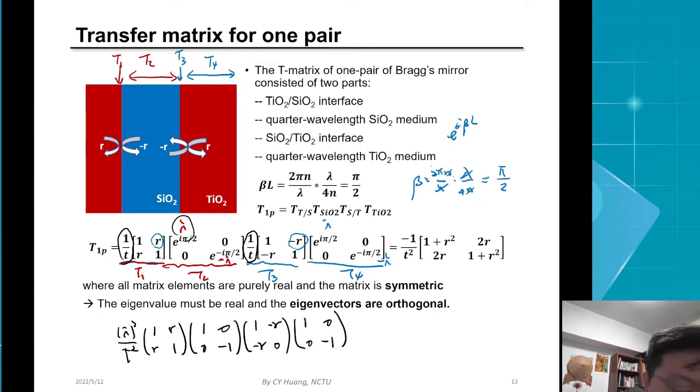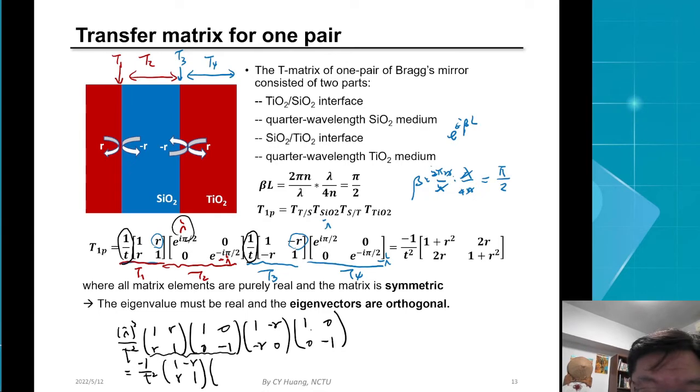Alright, so it becomes T squared over minus, and i squared is minus 1, and the first term, the first two combine to 1 R minus R 1.